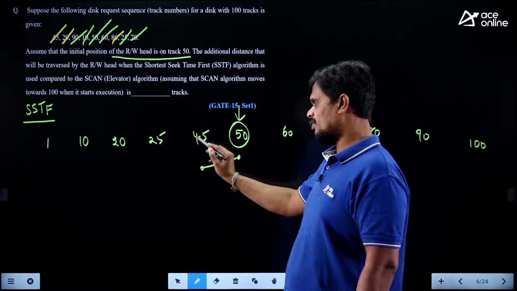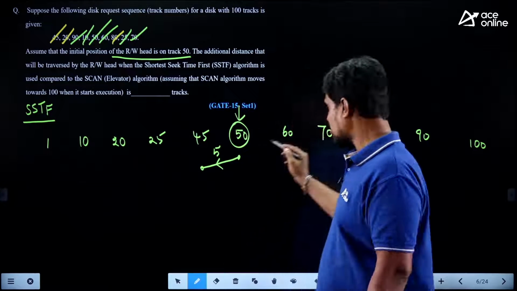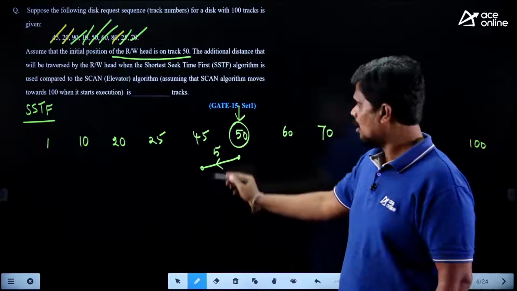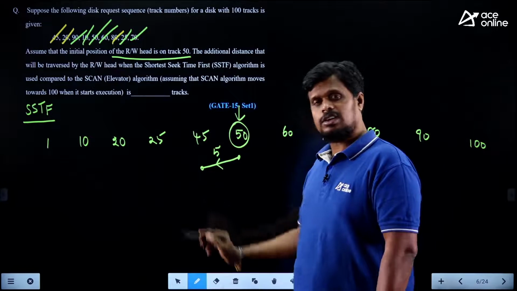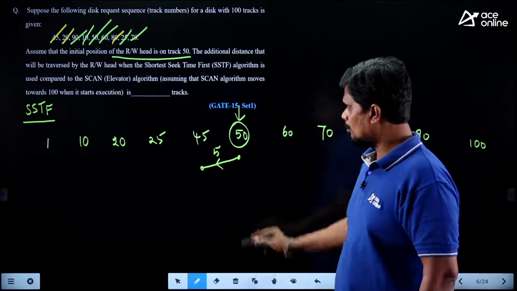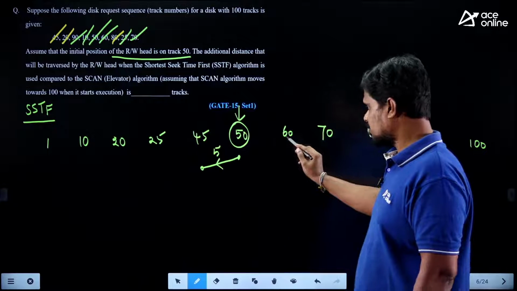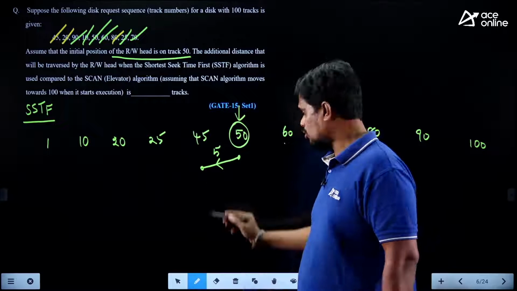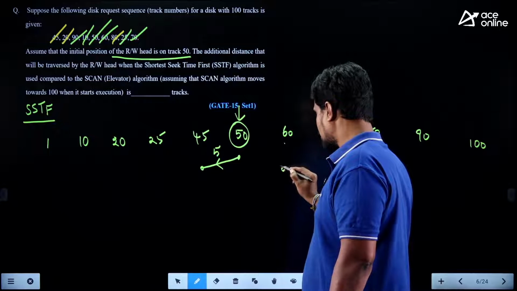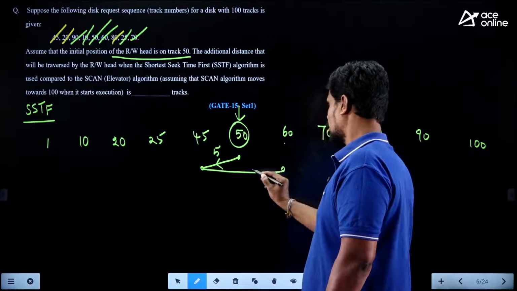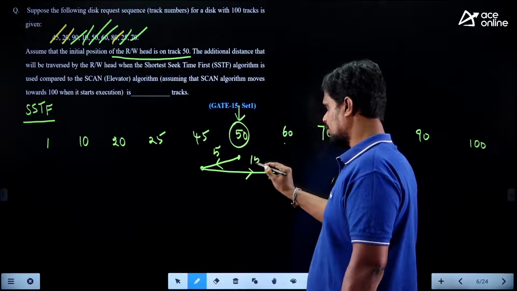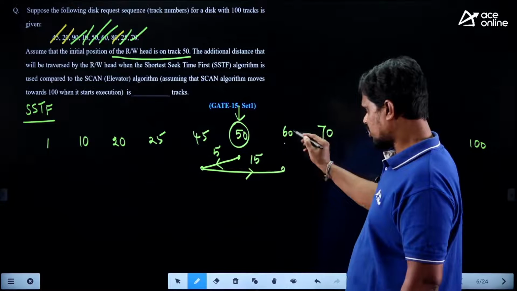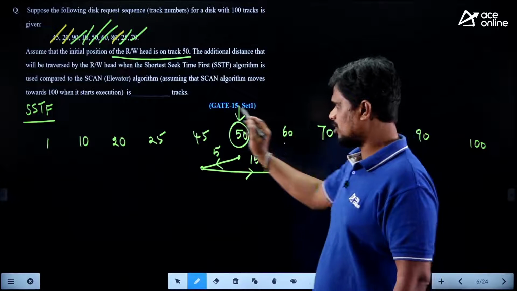From 45, is 25 at the shorter distance or 60? From 45, 25 is at a distance of 20. But from 45, 60 is at a distance of 15. So this is the shorter distance from 45. That's why it goes to 60 now. So what is the travel distance? 15. Then from 60, is 70 at the shorter distance or 25?